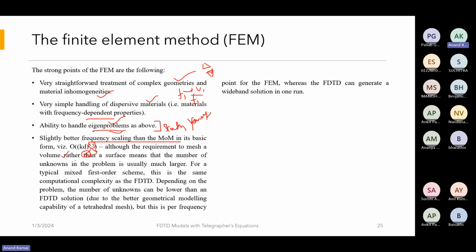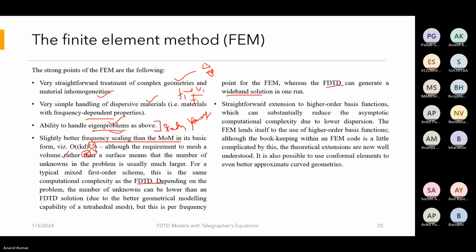So it scales better than MOM, almost similar to FDTD, but as compared to FDTD, it does not generate a wideband solution in one run. It has straightforward extension to higher order basis functions, so we'll skip this.